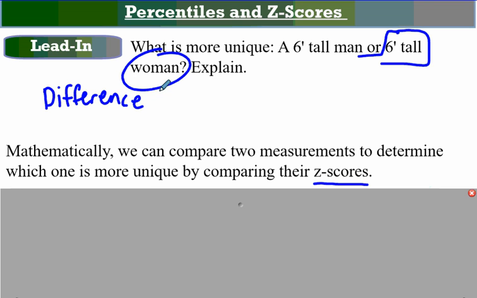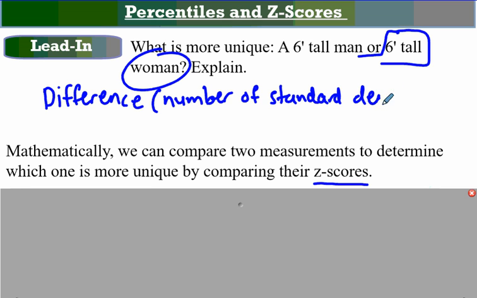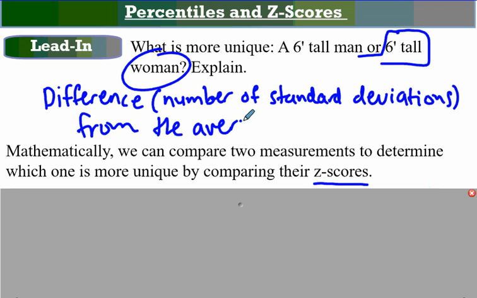But when we say difference, we're going to be talking about number of standard deviations from the average. Is probably higher for women in this case.